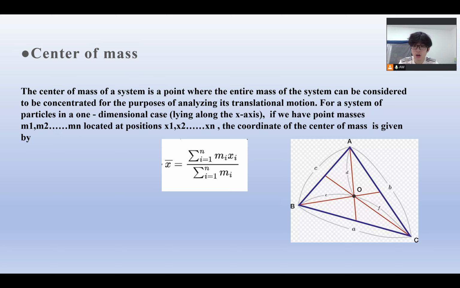And the center of mass of a system is a point where the entire mass of the system can be considered to be concentrated for the purpose of analyzing its translational motion.